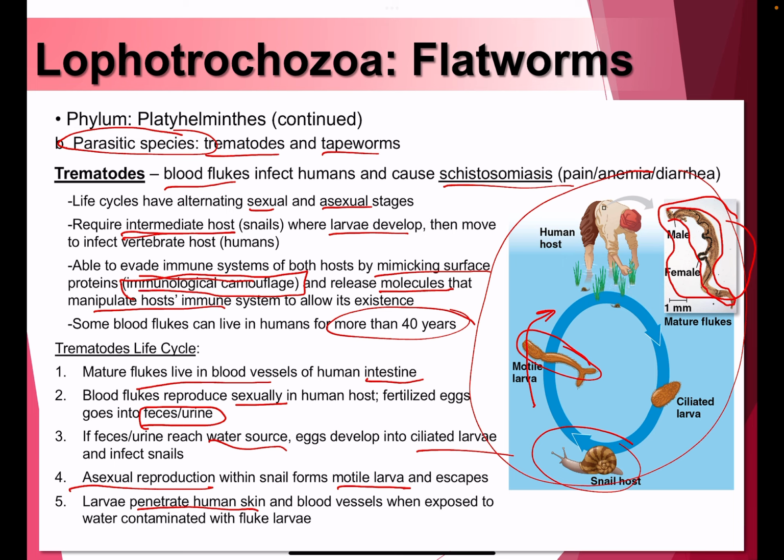So if you somehow were swimming in that area with these larvae moving around, and they happen to penetrate your skin, that's how you can get infected with blood flukes or trematodes. So that is then the life cycle of your blood fluke.